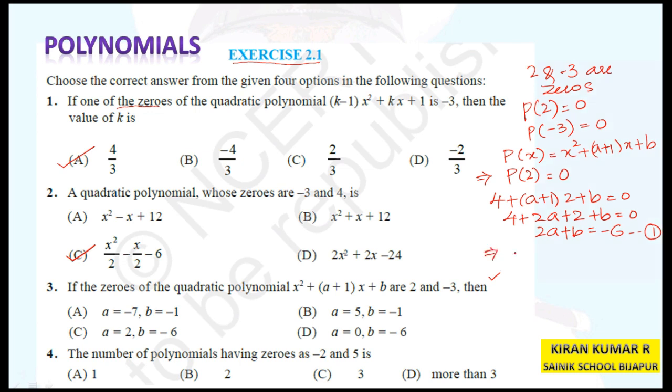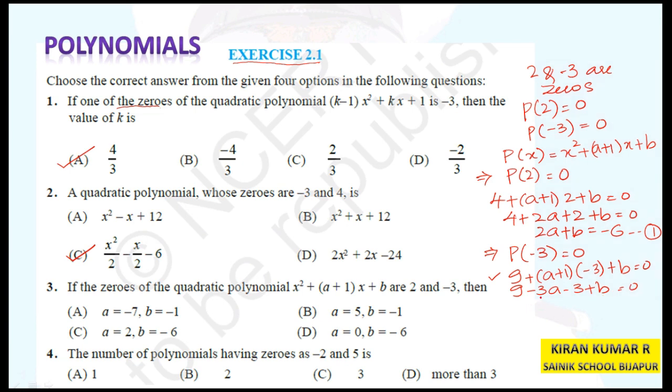In a similar way, we will substitute the value of x as minus 3 and equate it to 0. On substitution, minus 3 square becomes 9 plus (a plus 1) times minus 3 plus b equal to 0. So this is 9 minus 3a minus 3 plus b equal to 0.